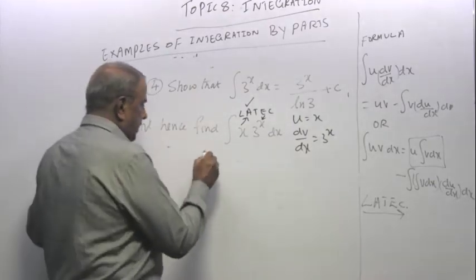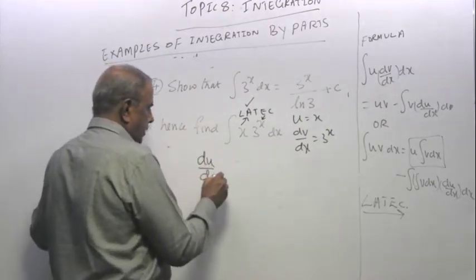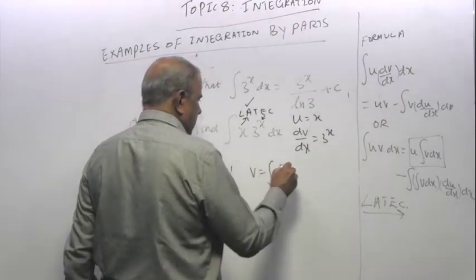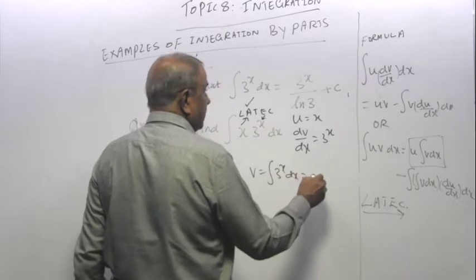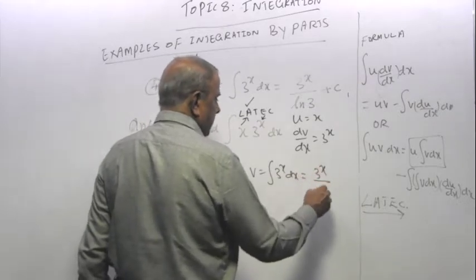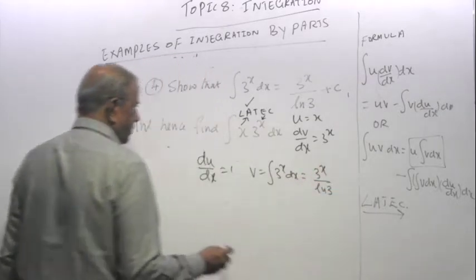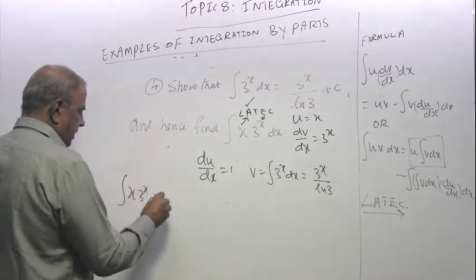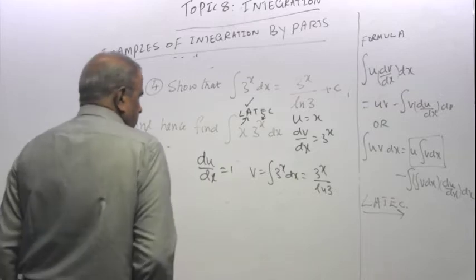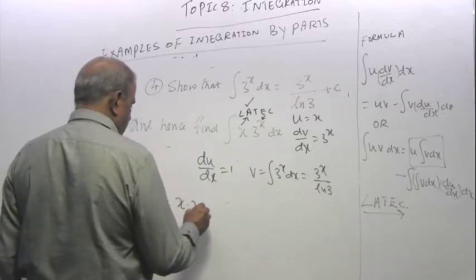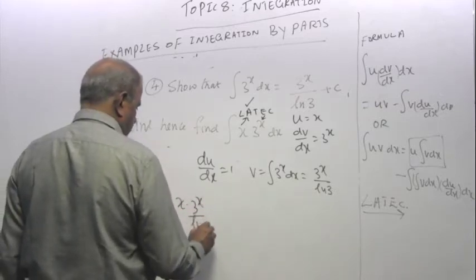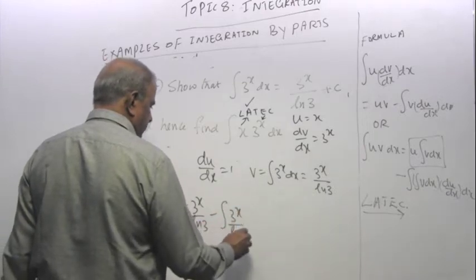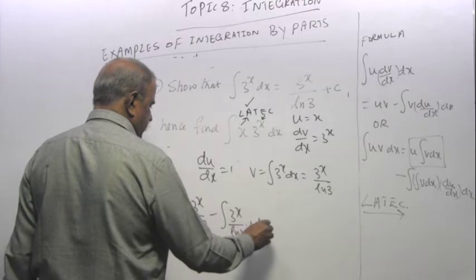So du by dx equals 1. v equals integral 3 power x dx, which is 3 power x over ln 3. So integral x 3 power x dx equal to uv minus integral v du by dx.